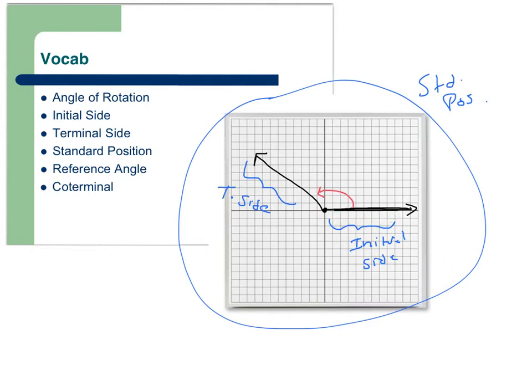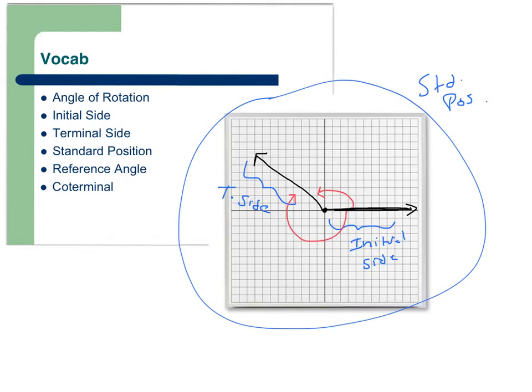The terminal side can end anywhere in this coordinate plane, as long as I'm rotating. I could technically rotate counterclockwise or clockwise. So we'll put up a couple different pictures here. If I wanted to rotate counterclockwise, it technically would be the same angle. I would just rotate that direction.